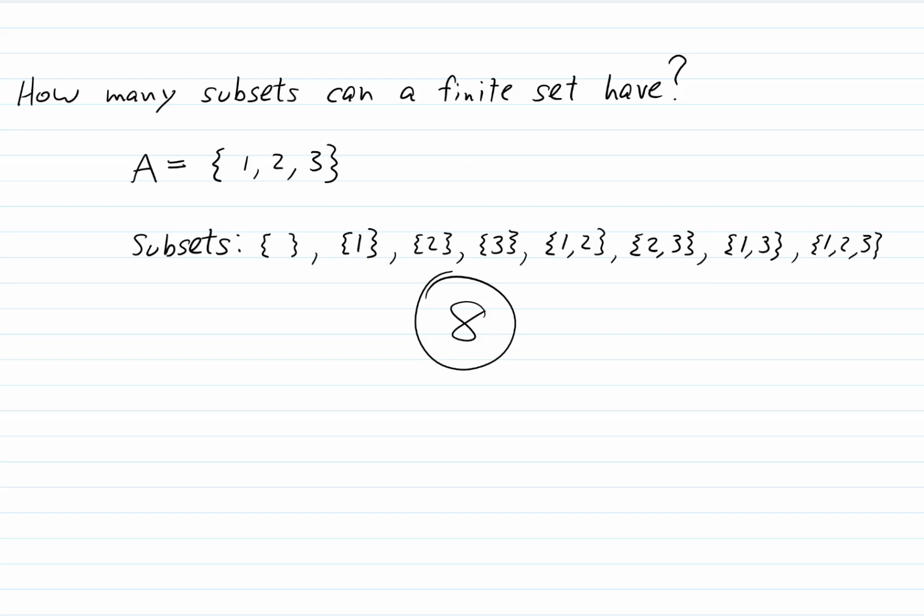Now if you look at this up here, do you think that maybe you can find a formula for the number of subsets? There's 8 subsets of A which had 3 elements. So think about that for a minute. I had 3 elements in A, and I came out with 8 subsets.